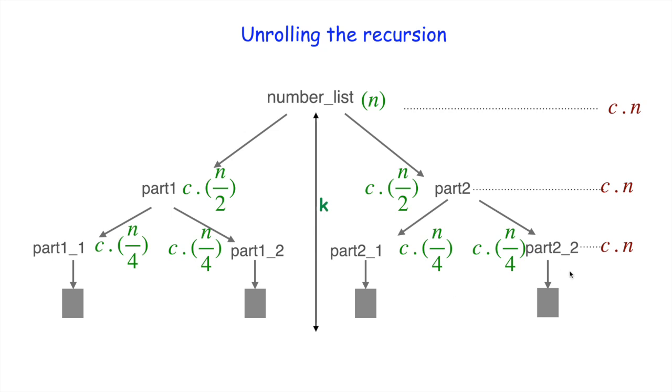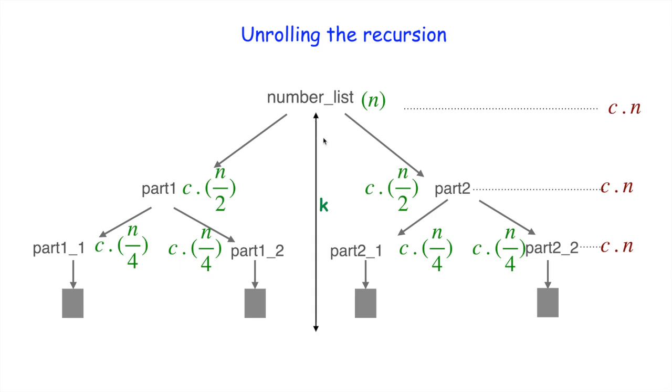Similarly, at the third level, the time taken at each of the parts will be proportional to n by 4, and the total time will be proportional to again n for all the 4 parts. So we see that at each of the levels, the time needed will be proportional to n, the total number of elements in the list.